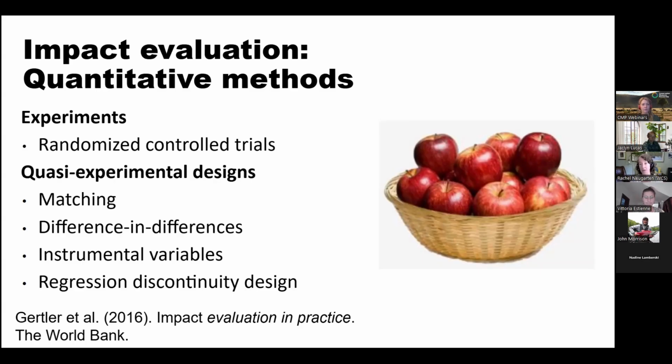The vast majority of impact evaluations where they're trying to get at this quantitative question use something called quasi-experimental designs. They use methodologies such as statistical matching, differences in differences, instrumental variables, regression discontinuity design.